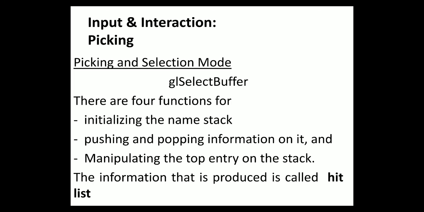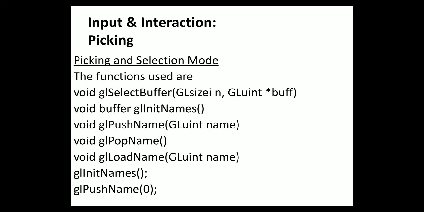So in this case, this function is used in order to select the array that has to be used in order to store these particular names. The certain functions that are available are glSelectBuffer, which represents the size and the name of the buffer.